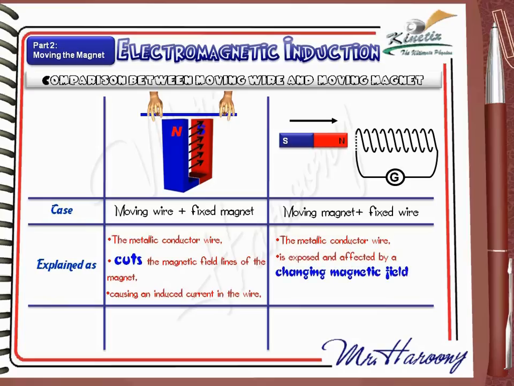You can also say variable magnetic field, causing an induced current, and it's clear that our keyword is the changing magnetic field. And finally, if we talk about how the direction of the induced current can be predicted, in the case of the moving wire, it is given by Fleming's right-hand rule, while in the case of the moving magnet, the direction is given by Lenz's Law.